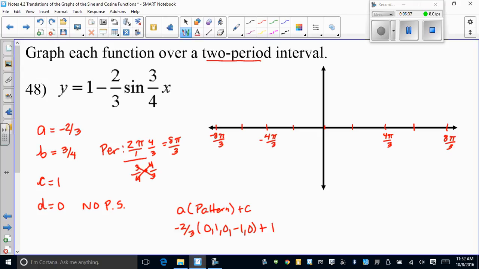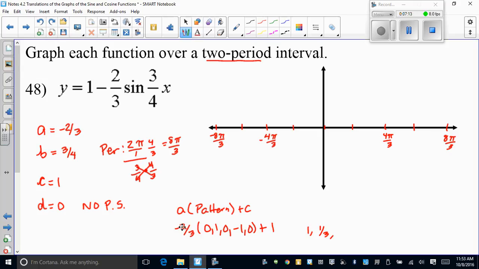Now you can do all of this math at once. Negative 2/3 times 0 is 0, 0 plus 1 is 1. Negative 2/3 times 1 is negative 2/3. Negative 2/3 plus 1 is 1/3.